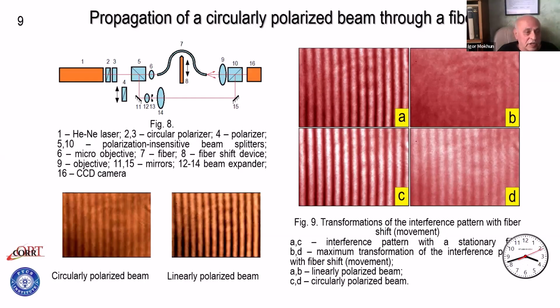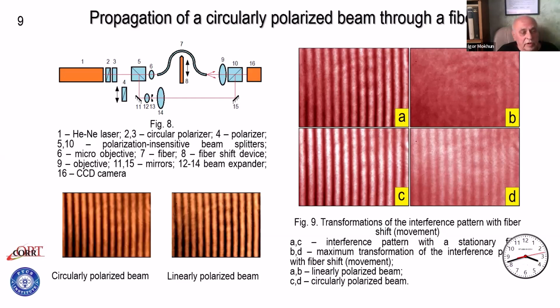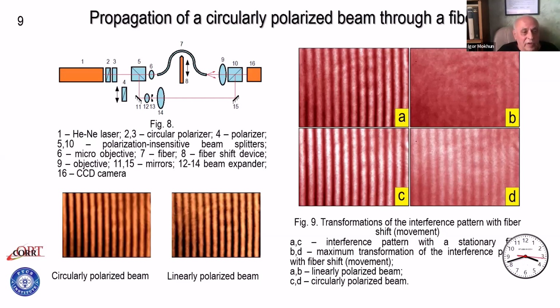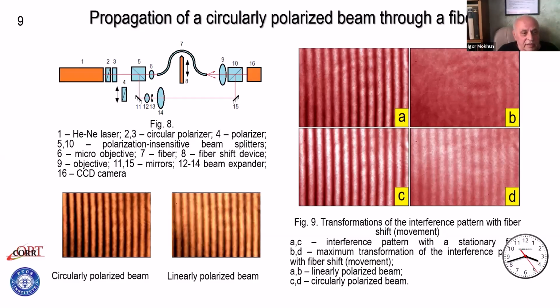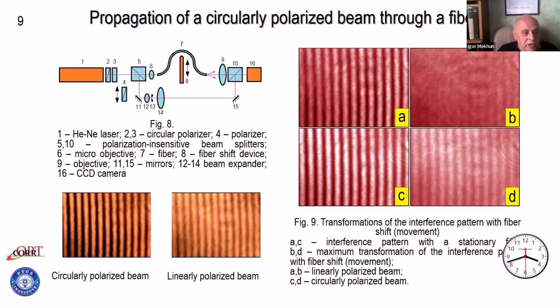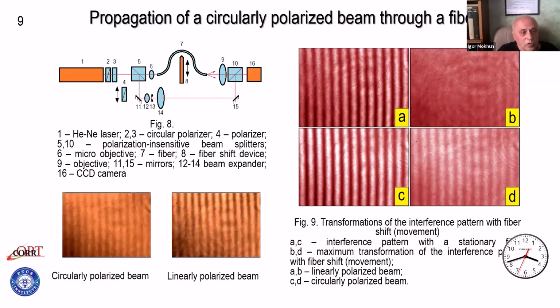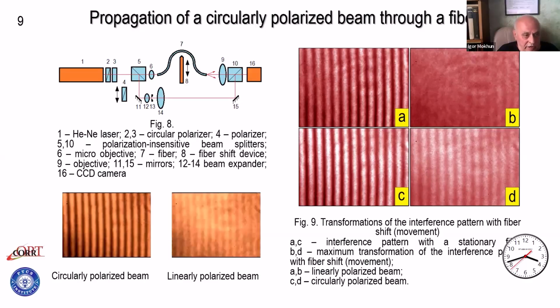For shorter wavelengths, including the red wavelength of our laser, such fiber becomes multimode. As a result, when the fiber was shifted, a change in the phase relationships was observed in the wave passing through the fiber, even if it was linearly polarized.